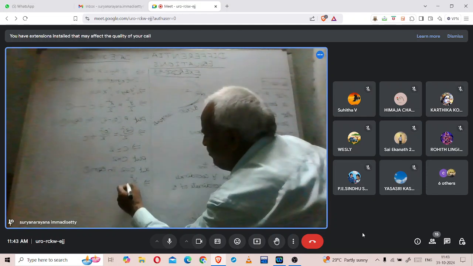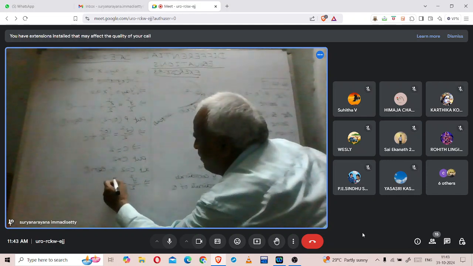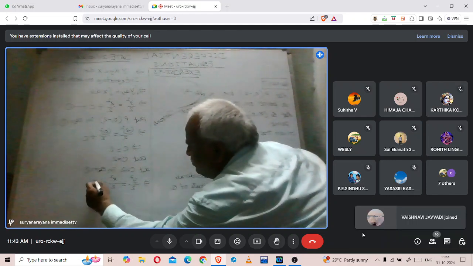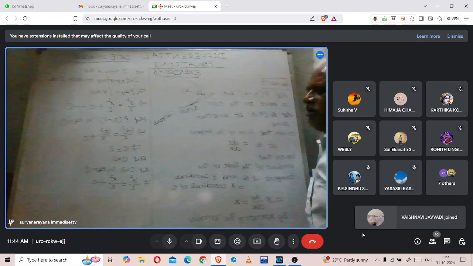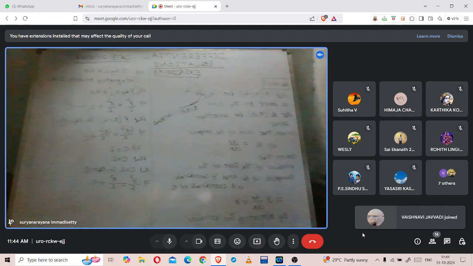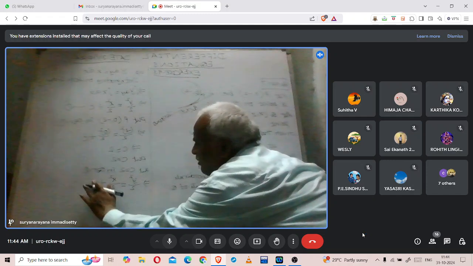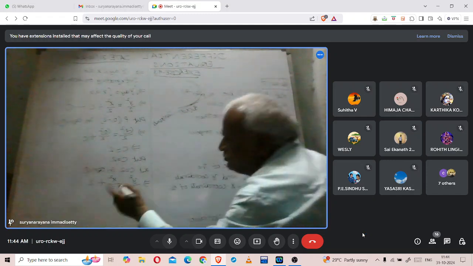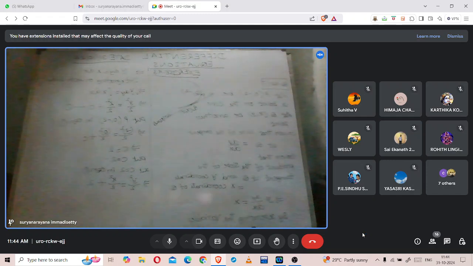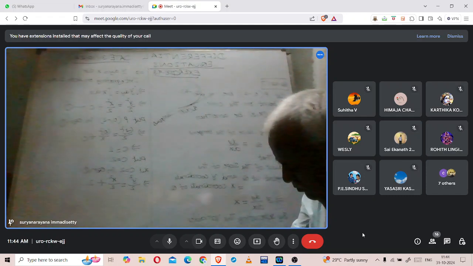Y square by 2 is equal to x square by 2 plus C. C means here what is C value? 2. That's all. This is the required equation of the curve. Okay.